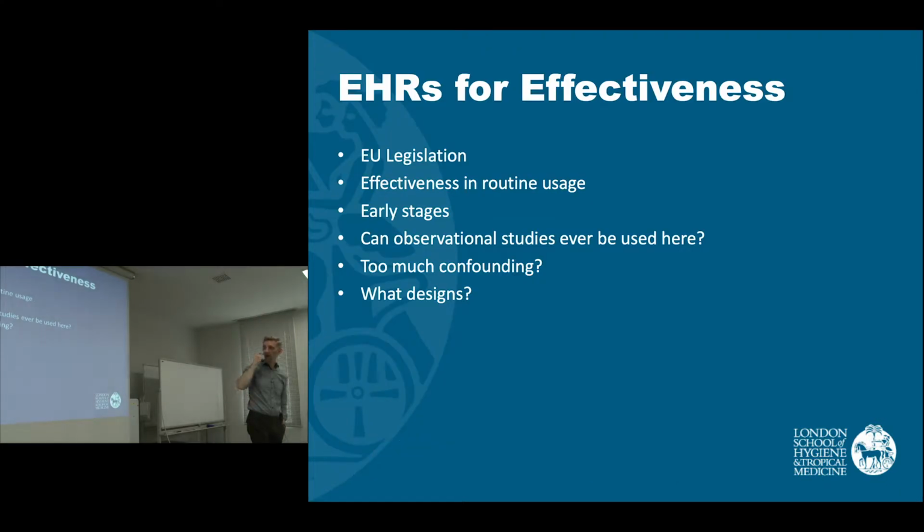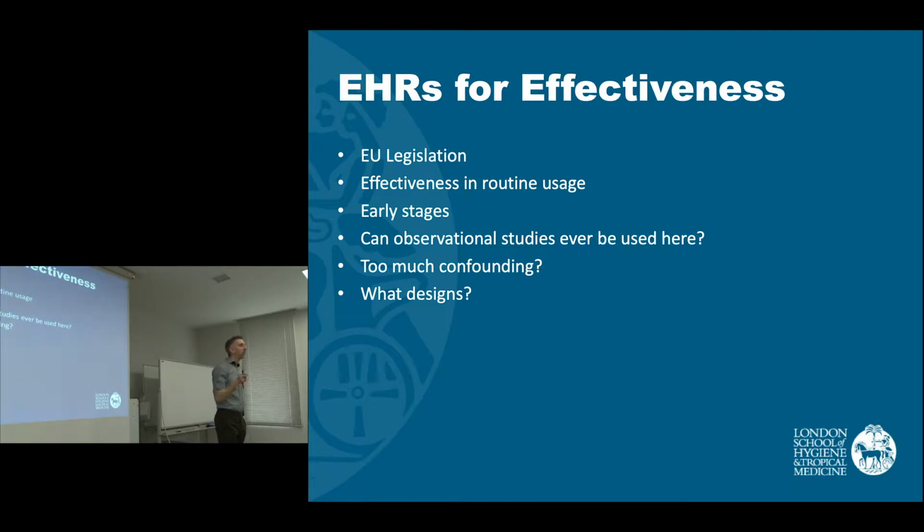But I'm also going to talk a little bit about where we are, or where I think we are, in electronic health records for effectiveness. It's built into the legislation in the European Union, at least, and in some other regions, that knowing about treatment effectiveness is very important, and that we can insist that companies do studies to look at effectiveness in routine usage.